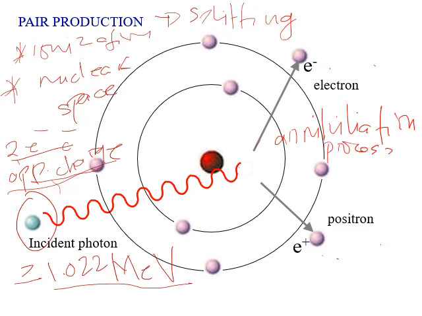So, ang opposite niya is annihilation process because annihilation process is the combination. So, ito, nag-split into two. Yung annihilation process, nag-combine yung dalawang electrons with opposite charges.